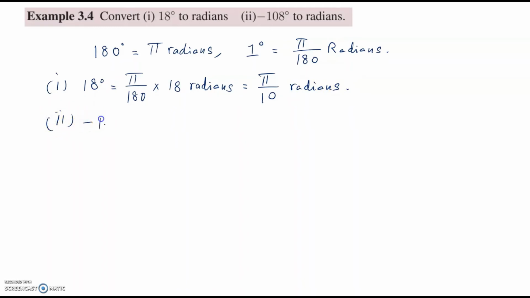Minus 108 degrees will be equal to, using the same method, pi by 180 into minus 108 radians, and that's equal to minus 3 pi by 5 radians.